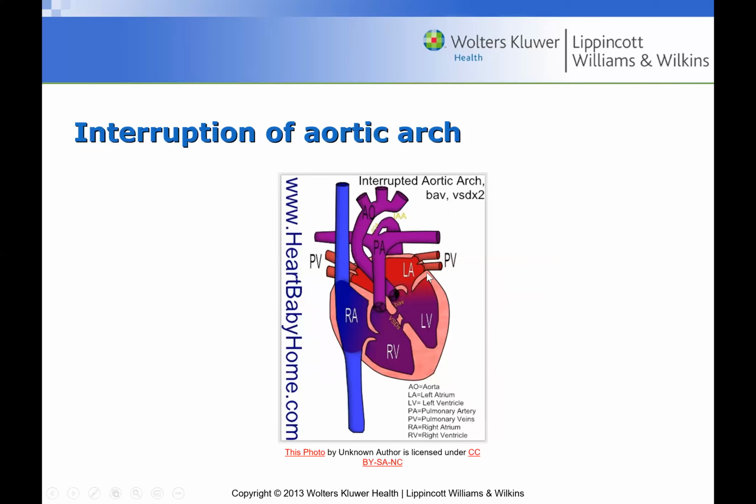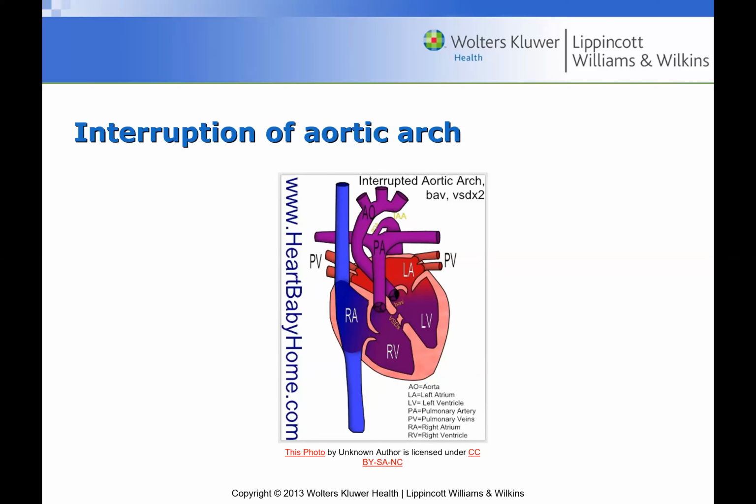So interruption of the aortic arch is basically where the aorta just stops developing, which is crazy when you think about it. So that's a lot more obvious. Here's an image of that: the right atrium, right ventricle, left atrium.